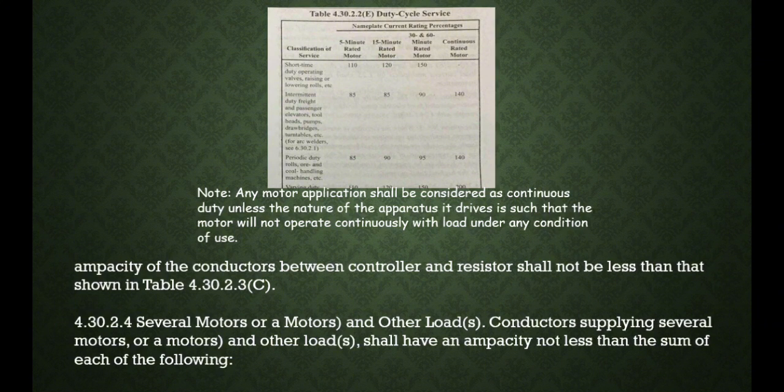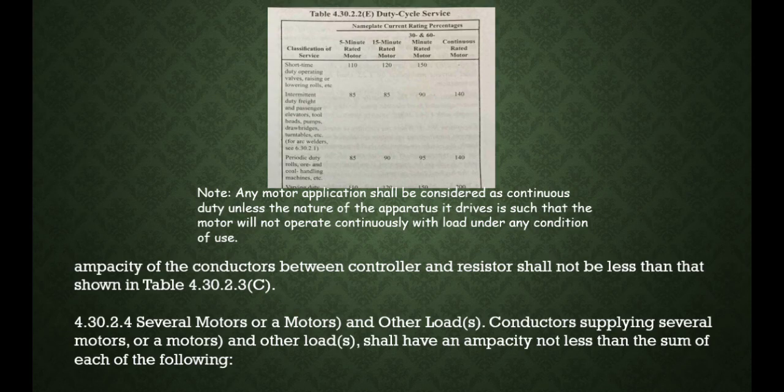Table 4.30.2.2e provides nameplate current rating percentage for duty cycle service. Note that any motor application is considered continuous duty unless it cannot operate continuously with a load.